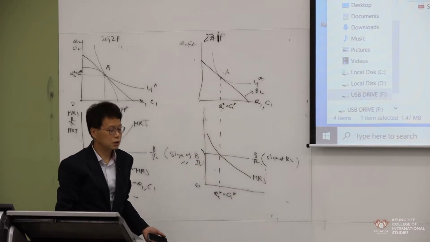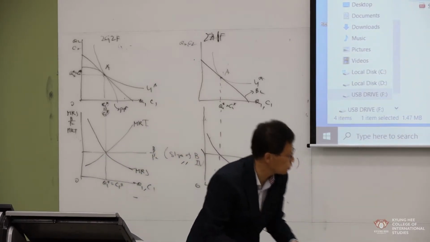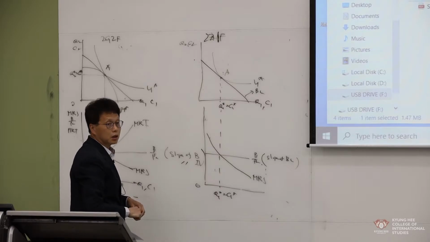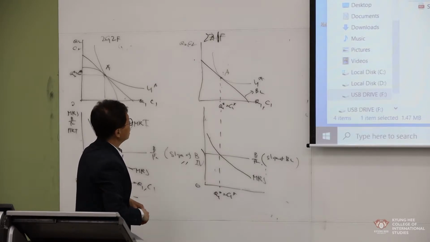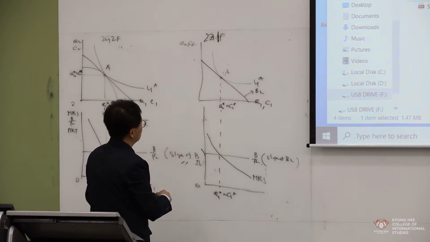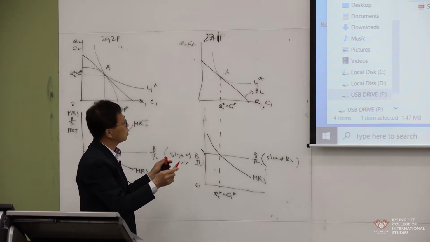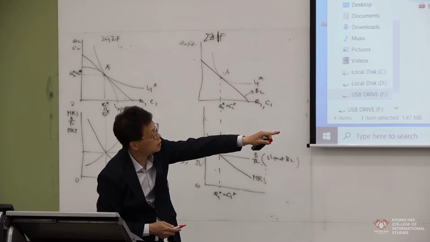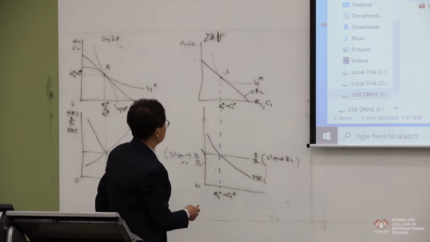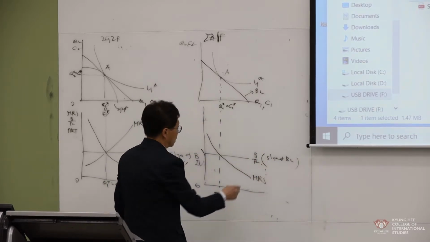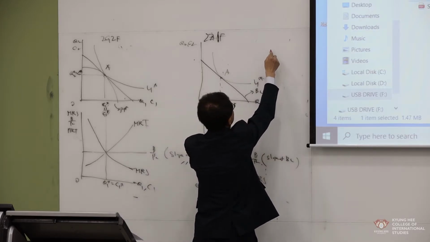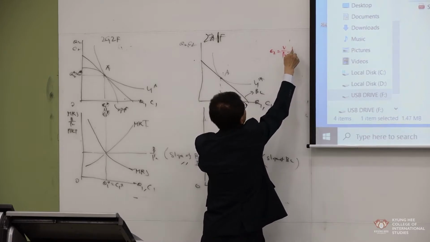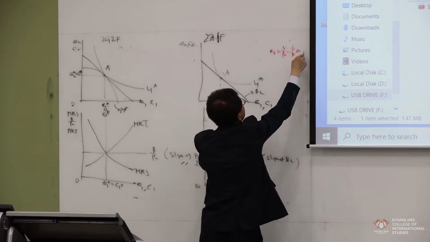From here, we can think about the value maximization condition. Perfectly the same, right? So, think about the slope of the iso-value line. Look at that. The slope of the iso-value line is this one. Q2 is equal to V over P2 minus P1 over P2 times Q1.